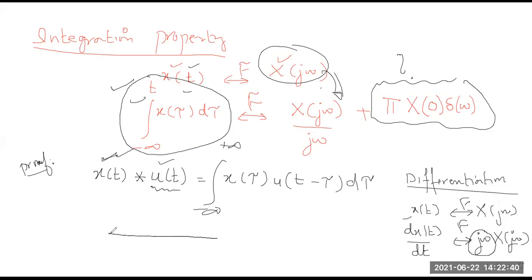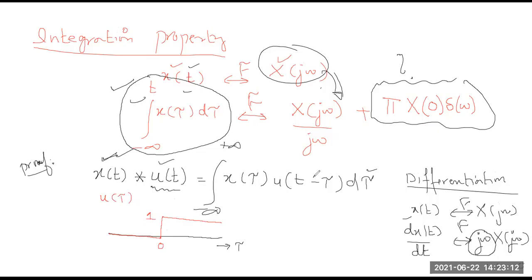So graphically, because our variable is tau, if I want to plot u of tau, how will u of tau look? U of tau will be 0, and as tau becomes equal to 0, this will become 1, and then this continues. So the signal that I have drawn is u of tau.